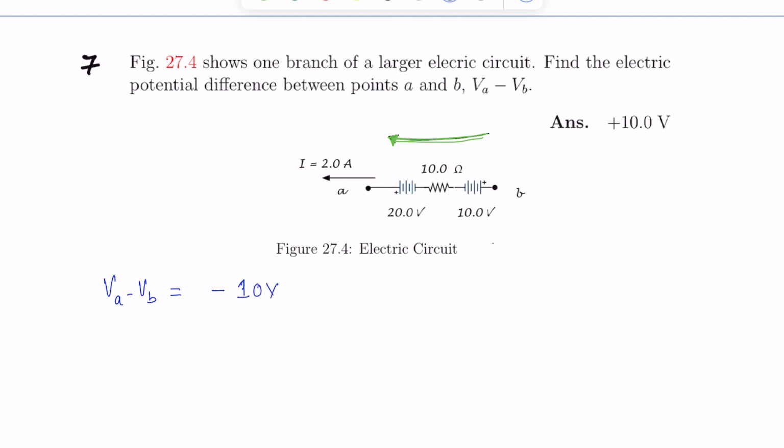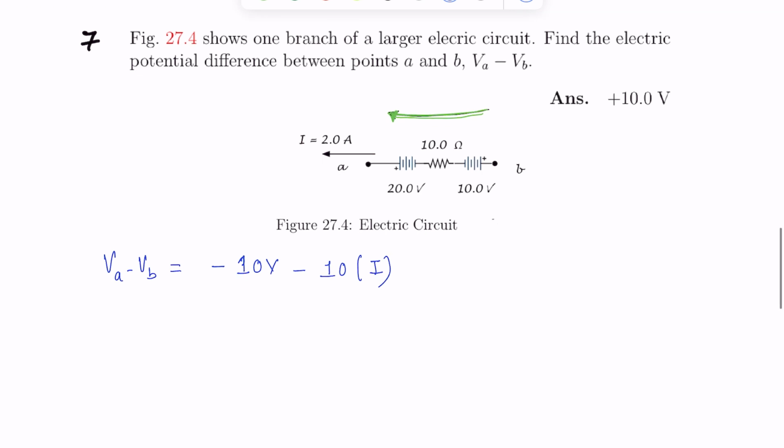Then there's a resistor, and the current is going in the direction of the travel. So you write this as minus 10 times current I, which we know is 2 amperes. We're going to use that in a minute. And then you see another battery, this one. Here the nearest terminal is negative, and you are traveling in the direction of the current.